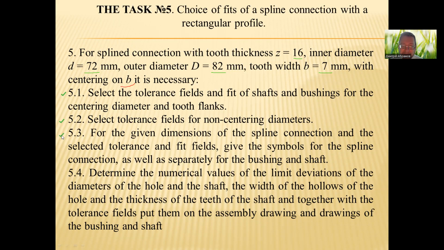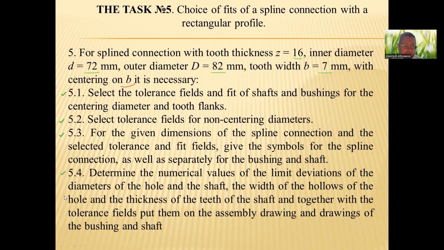For the given dimensions of the spline connection and the selected tolerance and fit fields, give the symbols for the spline connection as well as separately for the bushing and shaft.